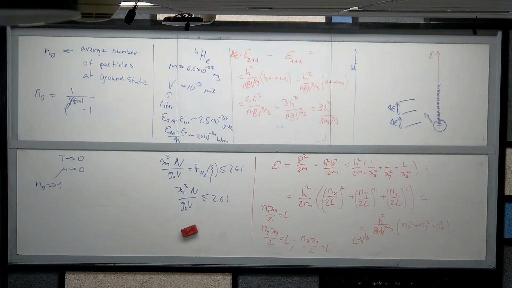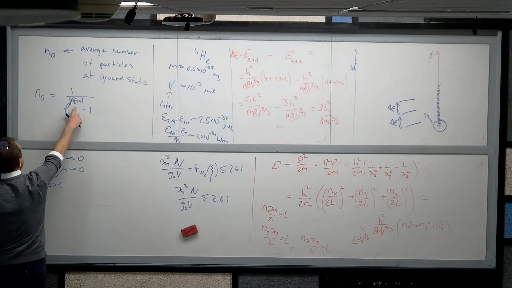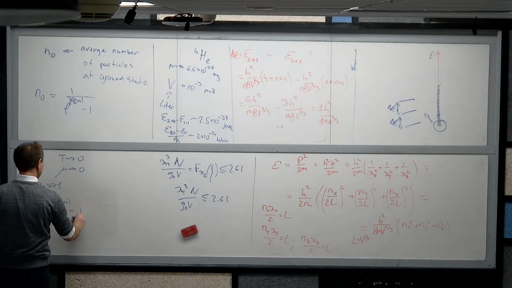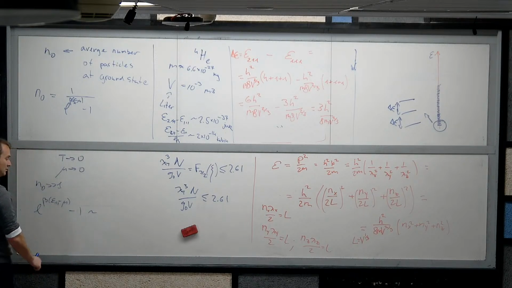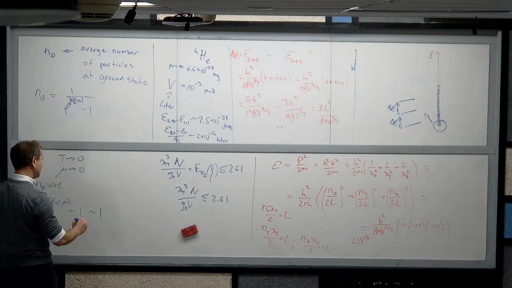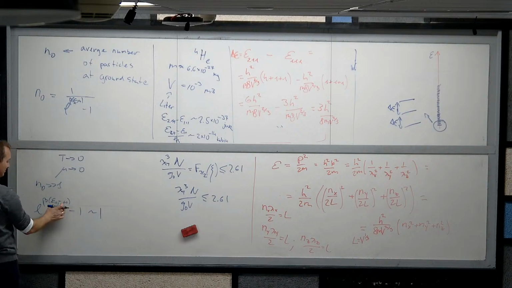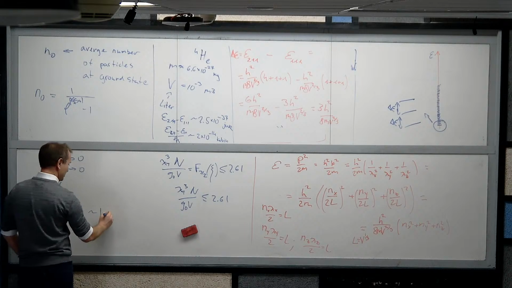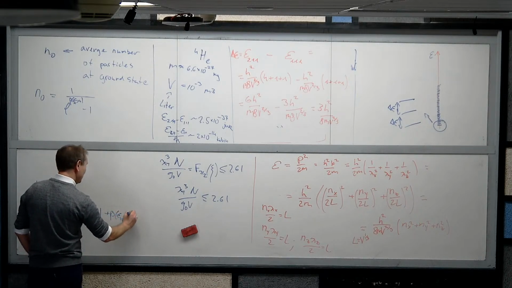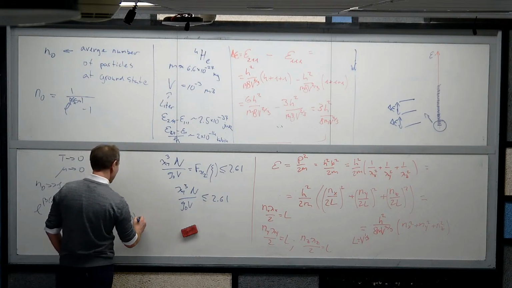How do I know this? Well, because I can expand this. I can say that e to the power beta times epsilon 1,1,1 minus mu, minus 1, is approximately, using the Taylor expansion of the exponent, because beta is large, so I assume that this exponent is small, 1 plus beta times epsilon 1,1,1 minus mu, minus 1.